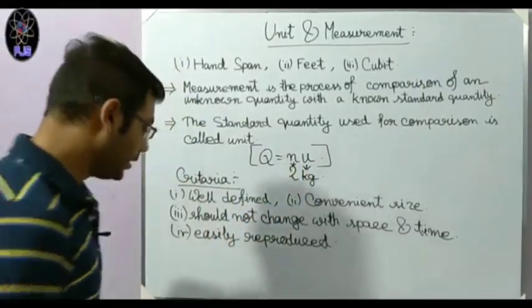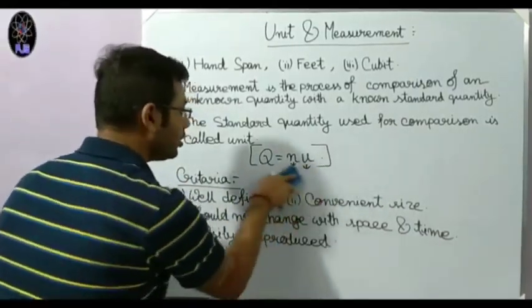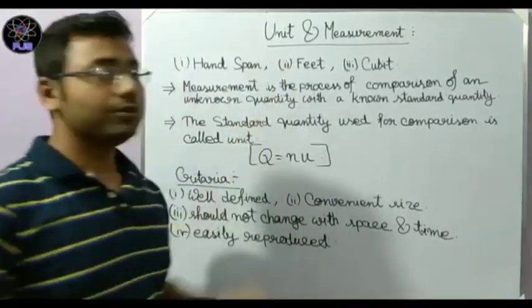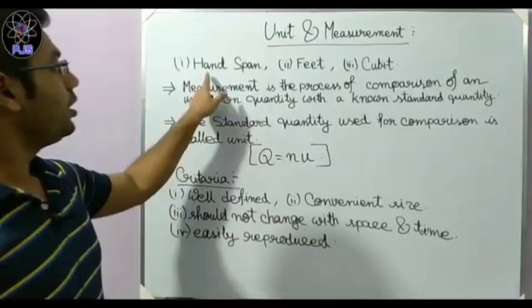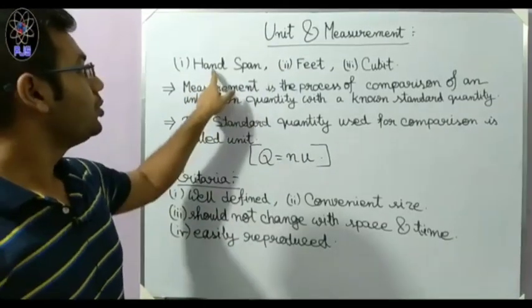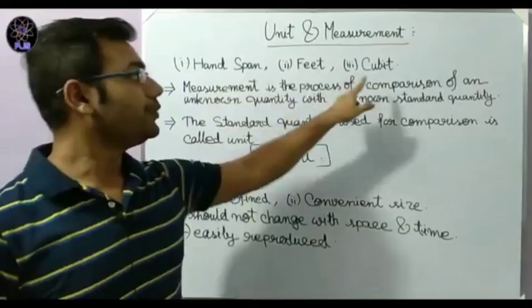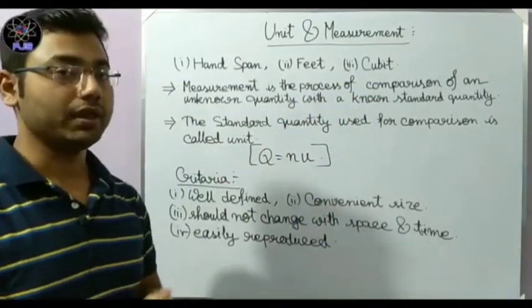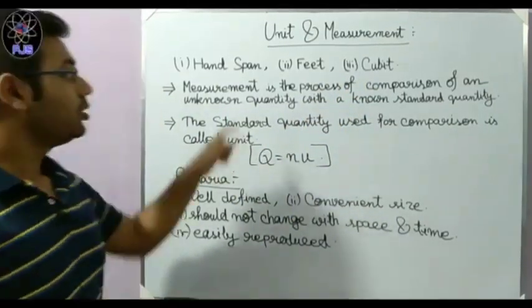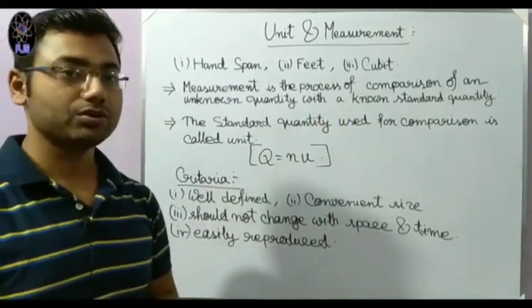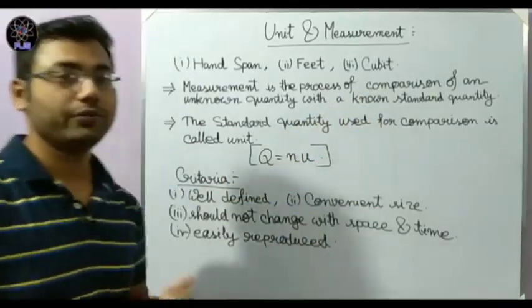Okay, but in case of unit and measurement in ancient time, we know that these types of units were used, but there is some problem that these units vary from person to person. So this is very critical.